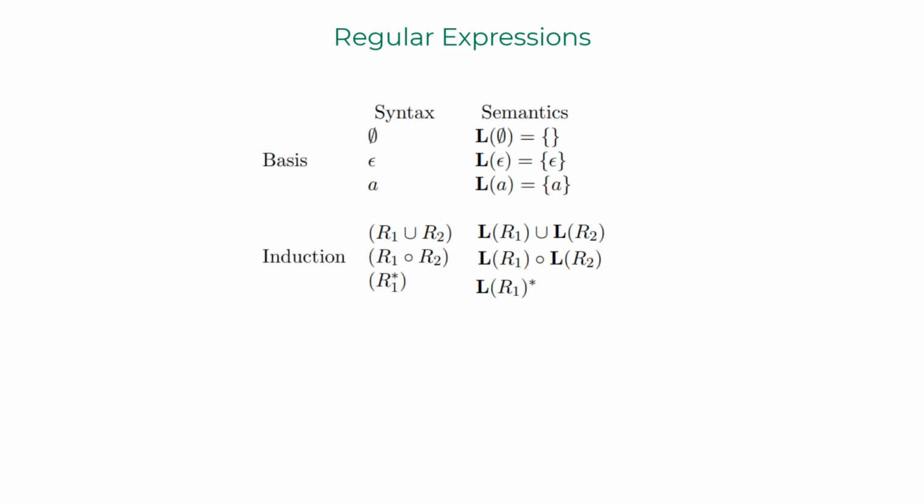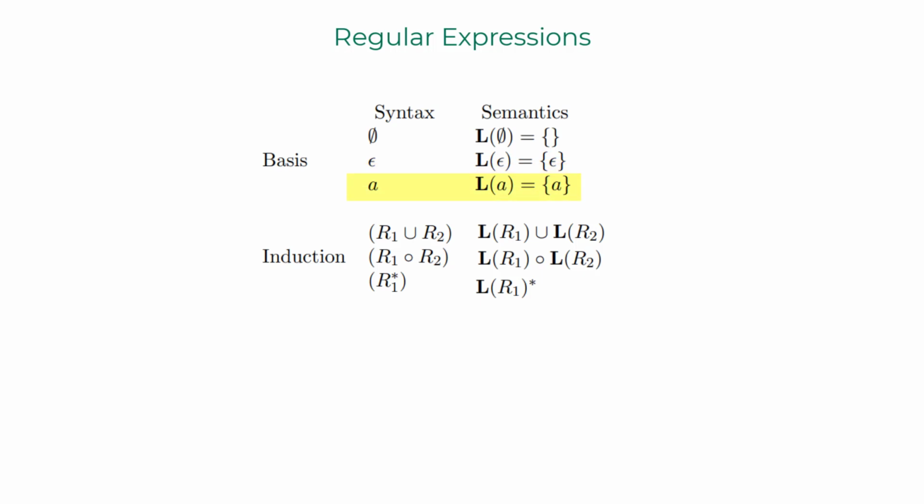With this background, I can introduce you to the formal inductive definition of regular expressions. Here is the table that lists the syntax we'll be using in regular expressions and what they refer to literally. Phi refers to the language containing no elements. Epsilon refers to the language containing the empty string.